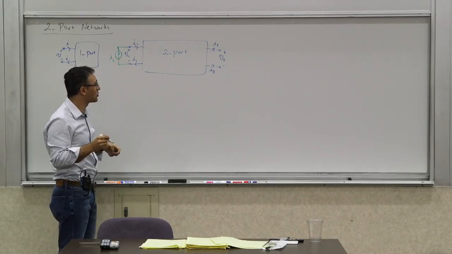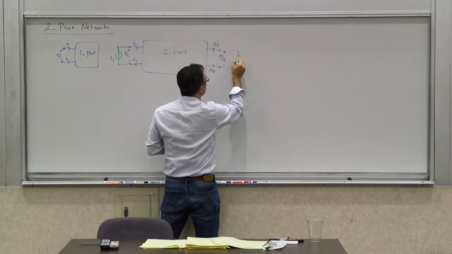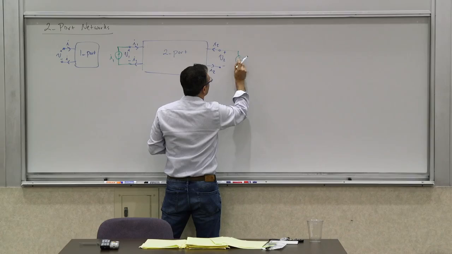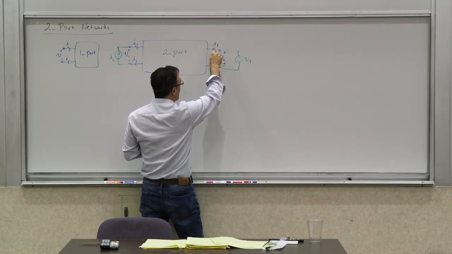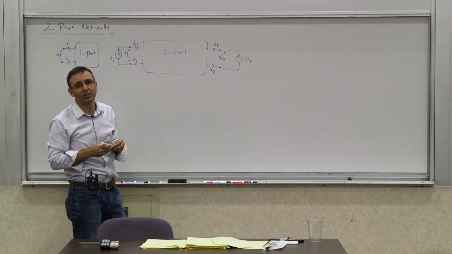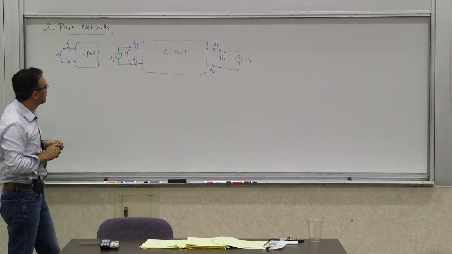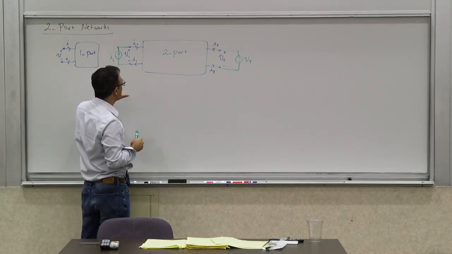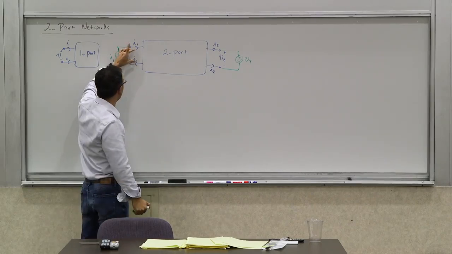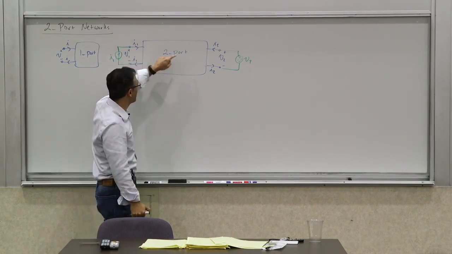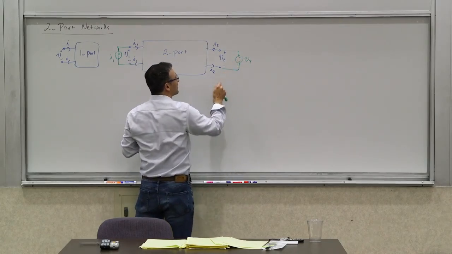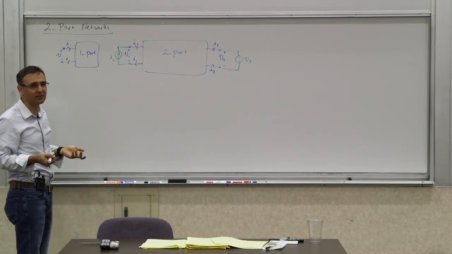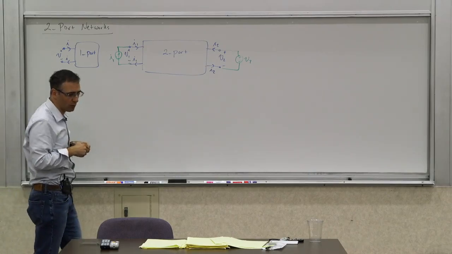Same thing if you apply a voltage source, V2 here, then you have no choice but to have these two currents being the same. So what makes a real two-port is having these two currents equal and these two currents equal, but this constraint can be enforced externally or internally. As long as this constraint is satisfied, you do have a two-port.